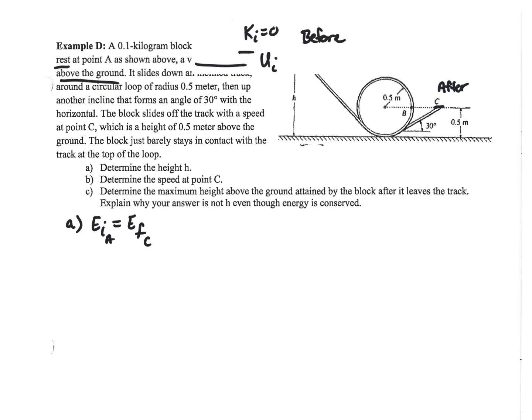In the beginning, I know I have gravitational potential energy, and in the end, I know I have both gravitational potential energy and kinetic energy, because it's above the ground and it's moving. Well, how fast it's moving, do we know?